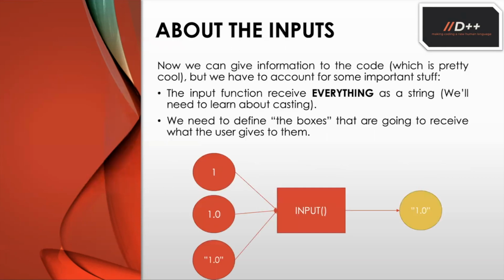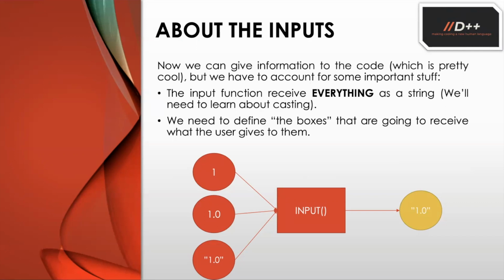There are two main things that you have to know about the input function and how the inputs are going to work. The first one is that when we use the input function, everything is going to be a string. Whatever you pass to the function, even if you pass brackets, symbols, or letters, everything is going to be a string, no matter what.